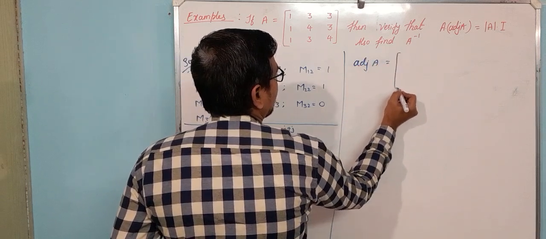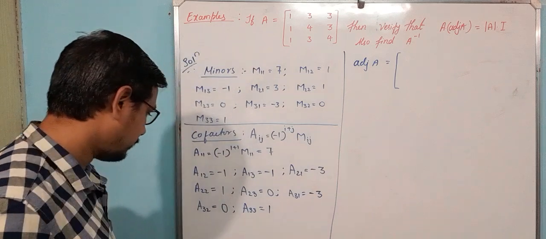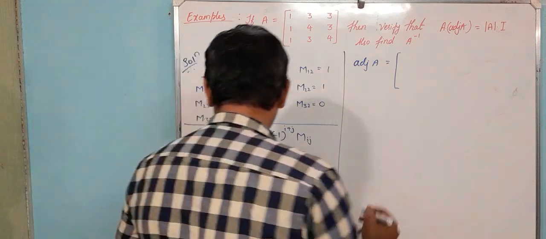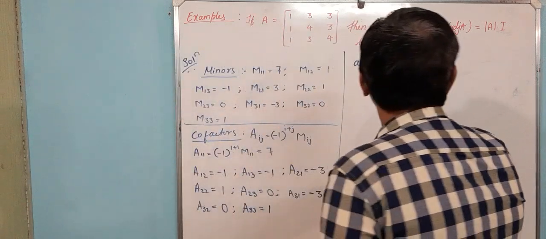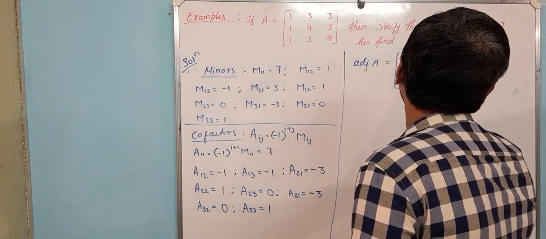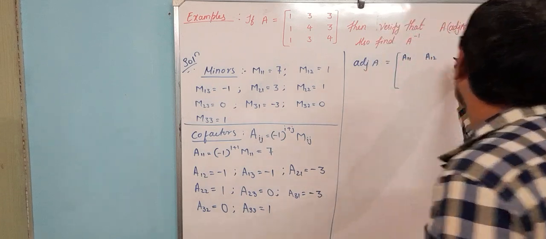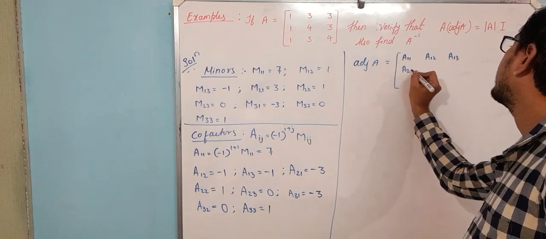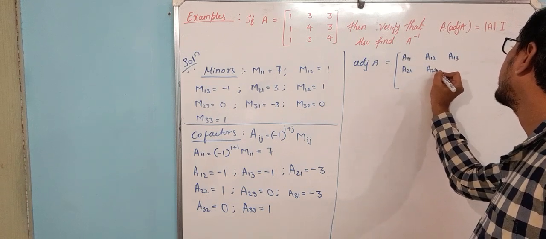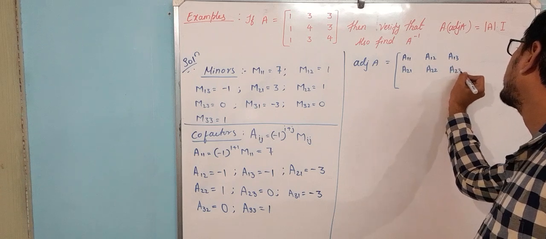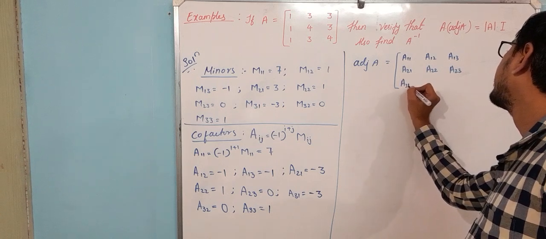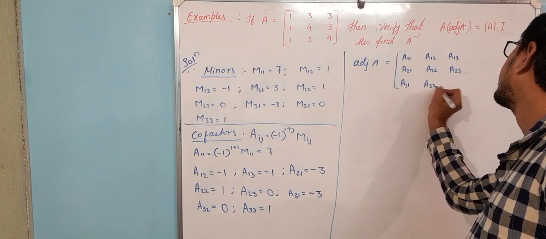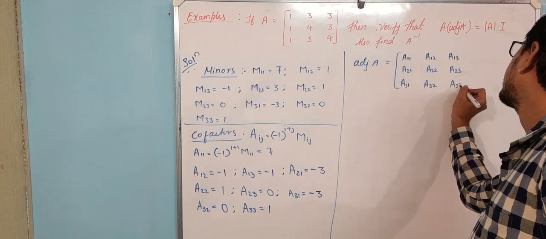Adjoint A is nothing but the transpose of the matrix A11, A12, A13, A21, A22, A23, A31, A32, A33.